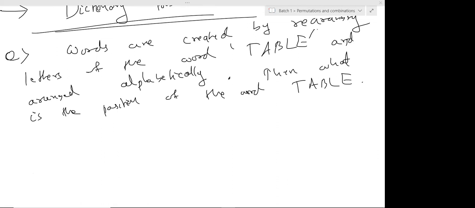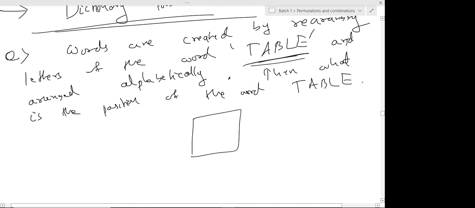What the question is saying? Shavya, can you explain what the question is saying? Yes, so the word table is arranged alphabetically, and then we need to find the position. Right. So we created a dictionary, something sort of a dictionary where only the words of these letters are there.